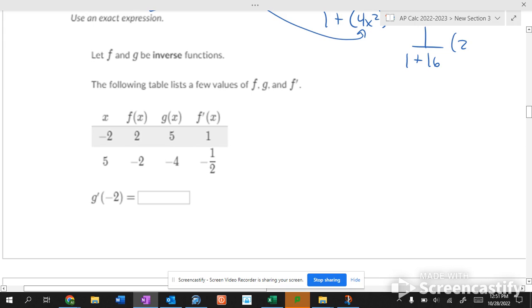F and G are inverse functions. So we go 1 over f prime, the first derivative of f at g.